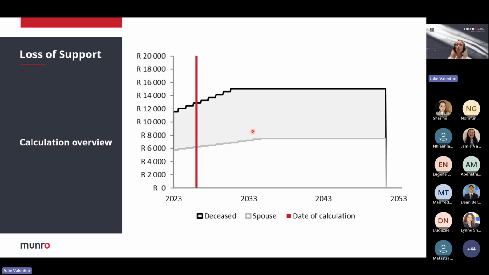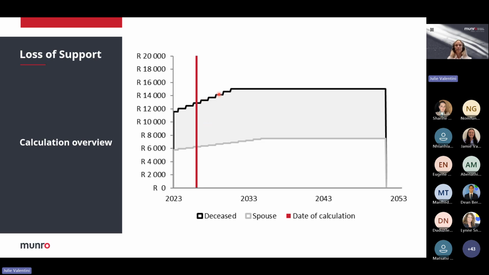The spouse's earnings are also but for the accident. So we don't really have an uninjured and injured situation here. Everything is what would their earnings have been had the accident not occurred. So we project those. Again, that is not something we come up with. It is either instructed or taken from an industrial psychologist report.